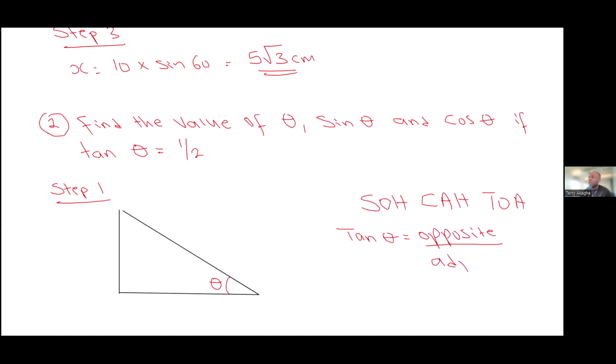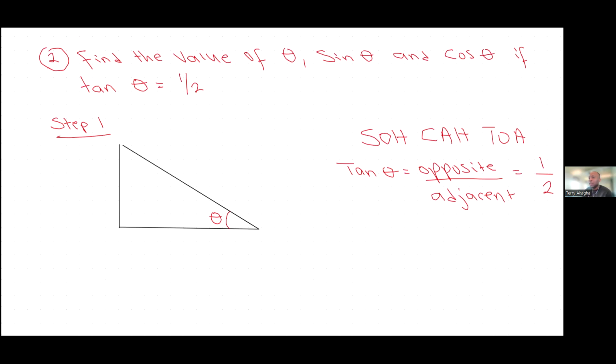And we're told that tan theta was 1 divided by 2. Are you seeing something here? So I can easily say from what we're told that the opposite must be equal to 1. The adjacent must be equal to 2, right? Good. So now let's go back to the triangle.